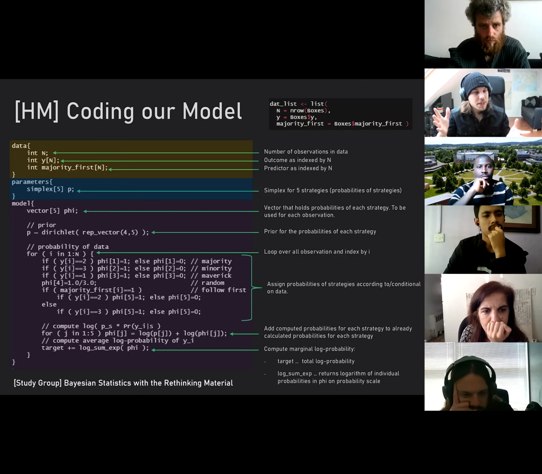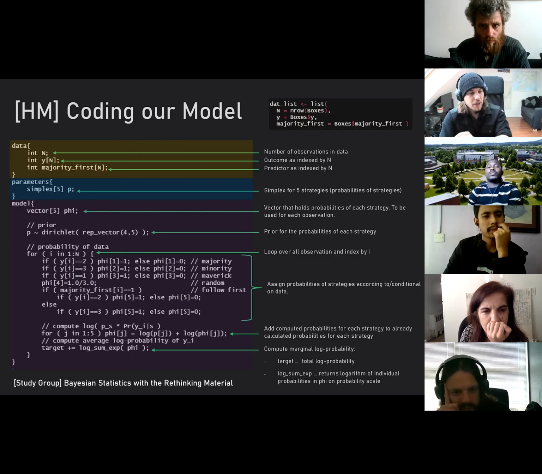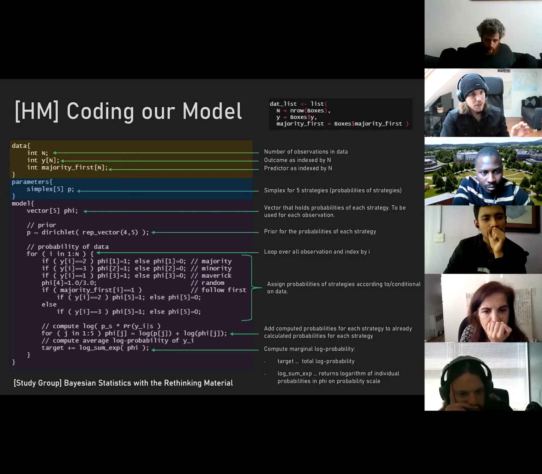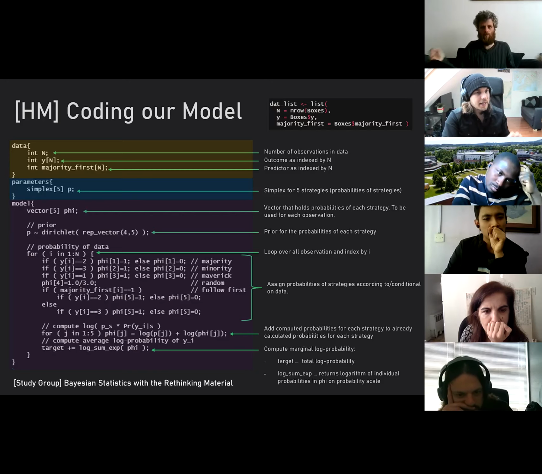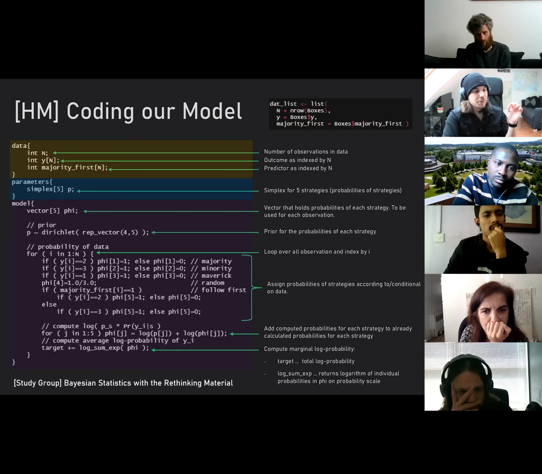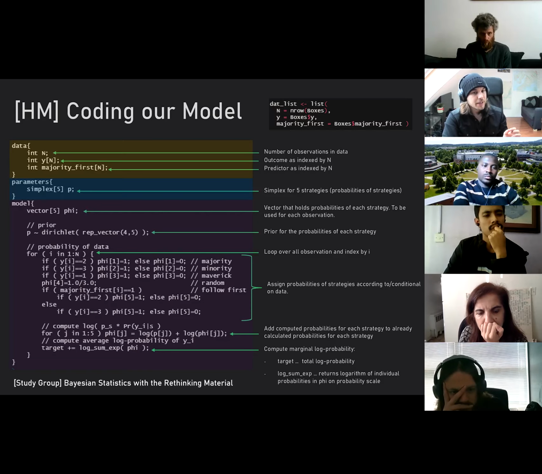Because on the majority strategy, we would always pick this color. So on the majority strategy, the probability for this outcome is 1. Otherwise, it is 0. If we don't observe the majority color, we can say that under strategy majority, there's a 0% chance that we will see the majority color being picked.